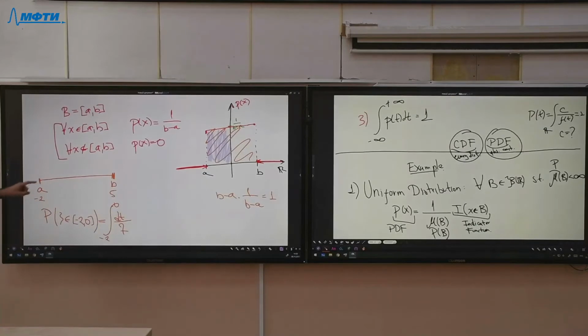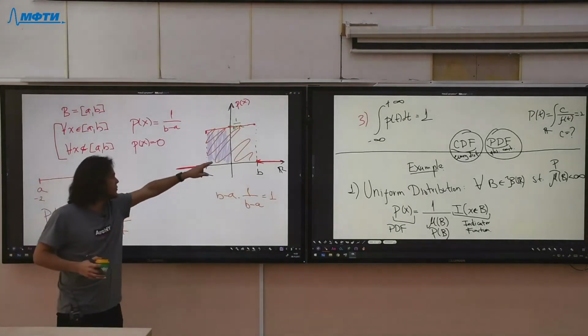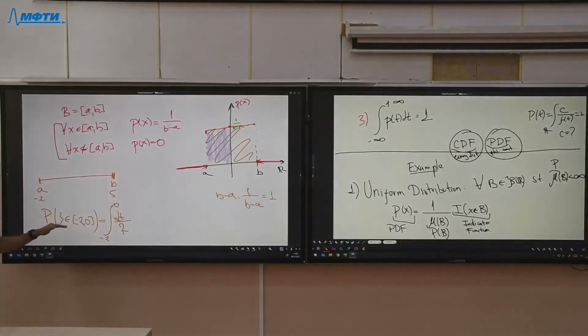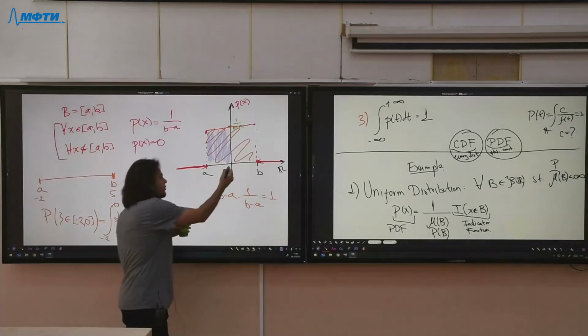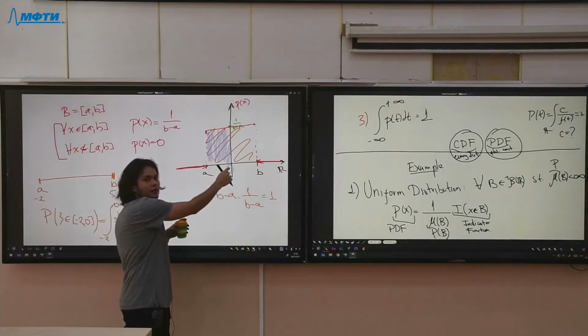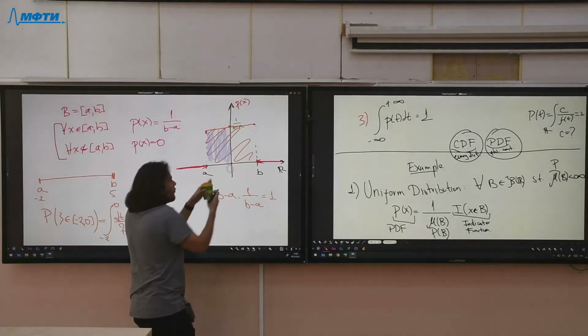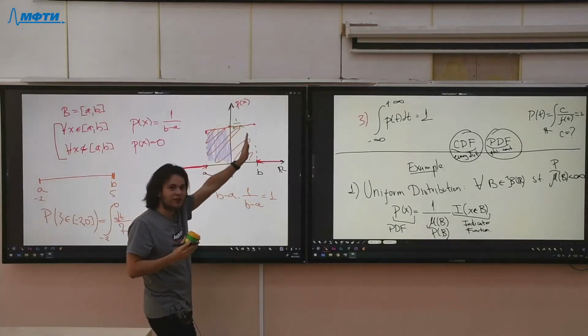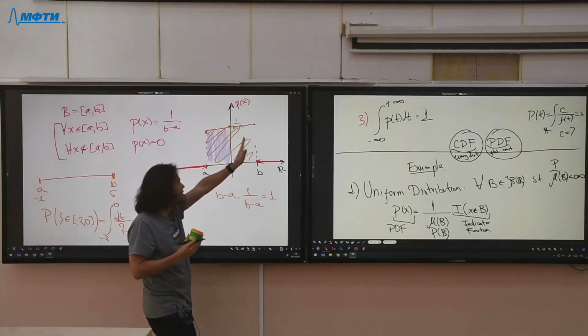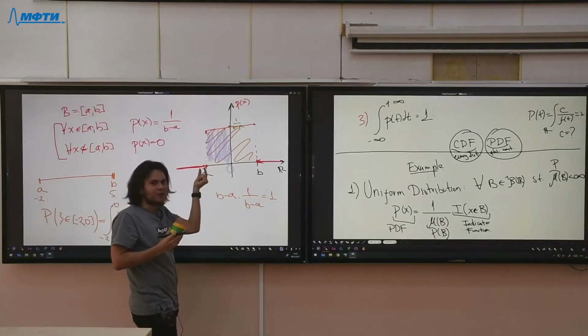So this area gives me the probability that a random variable belongs to from a to 0, right? So you can see that if this is greater, of course, the area is going to be greater. If this is very small, then the area is going to be very small.